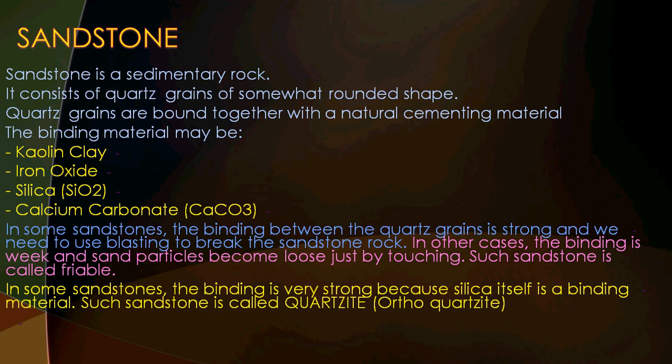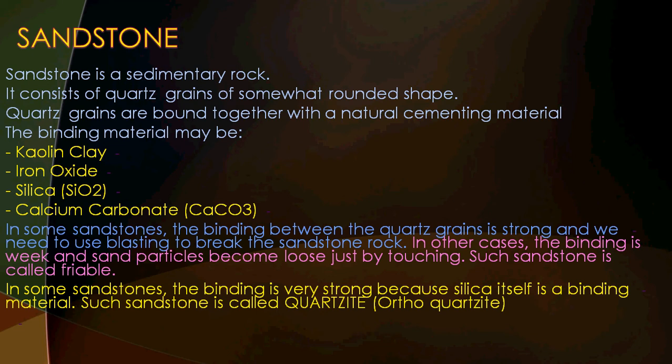Sandstone is a sedimentary rock. It consists of quartz grains of somewhat rounded shape, and quartz grains are bound together with a natural cementing material. The binding material may be kaolin clay, iron oxide, silica, calcium carbonate. So, what is the sandstone rock made up of?